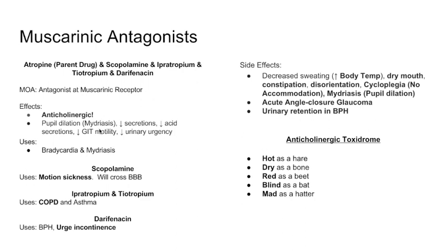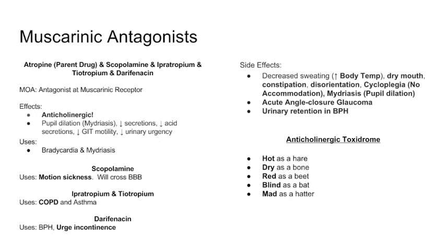Now I always struggle between miosis and mydriasis, the technical terms. Dilation, mydriasis, there's a D in there. It's going to decrease your GIT secretions, decrease acid secretions, decrease your GIT motility, and decrease your urinary urgency. So all of these things are going to be the opposite of what we had for cholinergic.